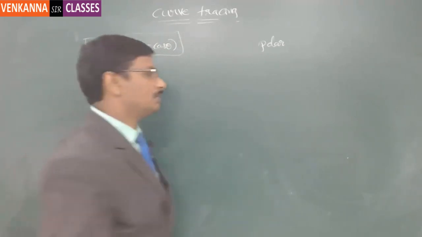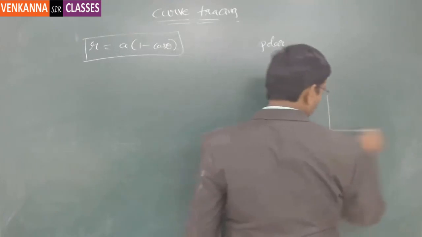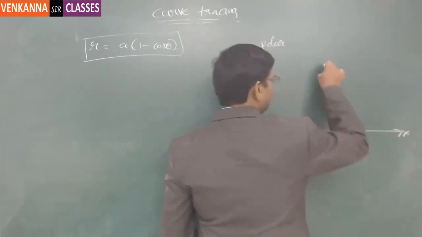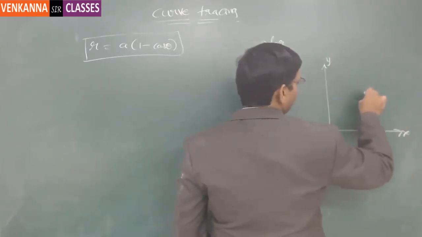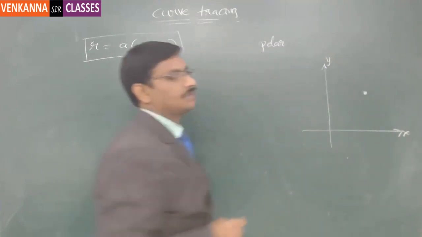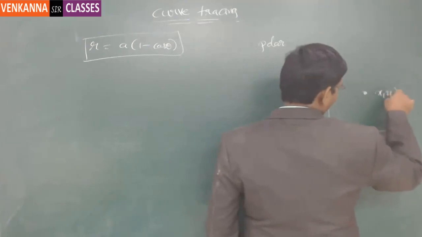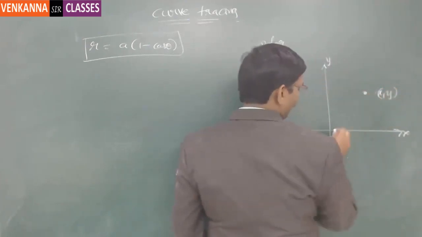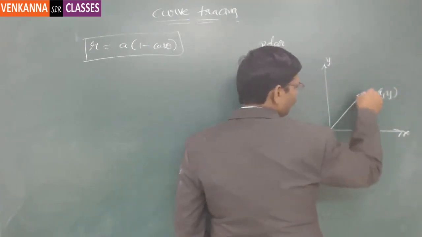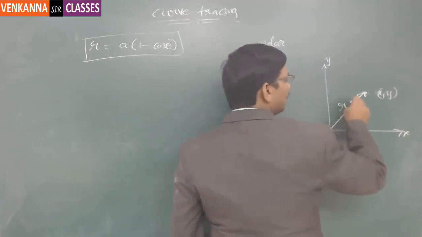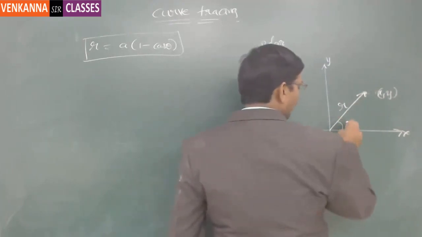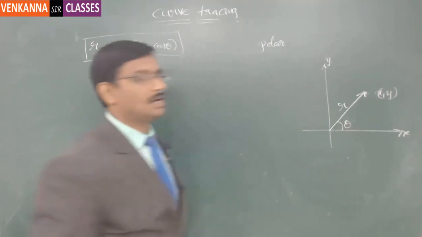There is a relation between the Cartesian coordinates and the polar coordinates. If this is the x-axis and this is the y-axis, and you want to identify the location of a point, its coordinates are x comma y. The same point can be identified in polar form, with a radius r and an angle theta with the x-axis.